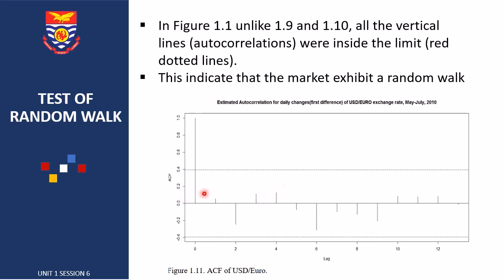But in this case, in figure 1.11, we could clearly see that these vertical lines are rather contained in these dotted lines, which are the boundaries. These dotted lines, this one and this one, represent the boundaries. Therefore, if the vertical lines are found within these boundaries, then we can clearly say that the test of random walk holds for that particular asset, or the asset exhibits zero autocorrelation.